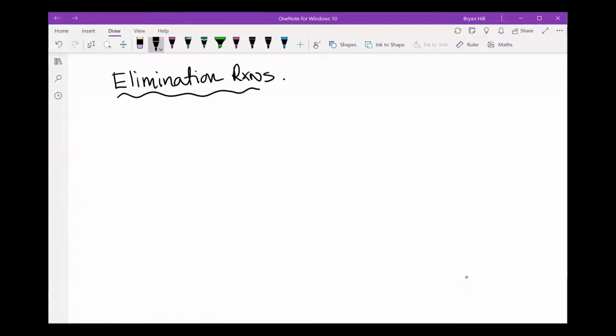Okay, so what we are going to talk about today is elimination reactions. In the case of elimination reactions, what ends up happening is the base here.